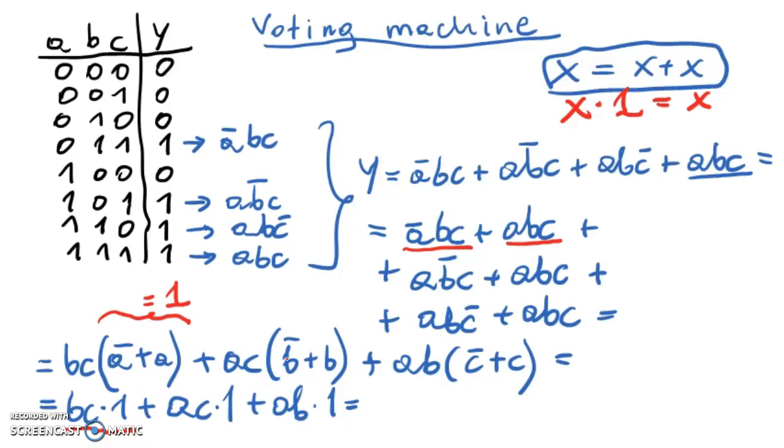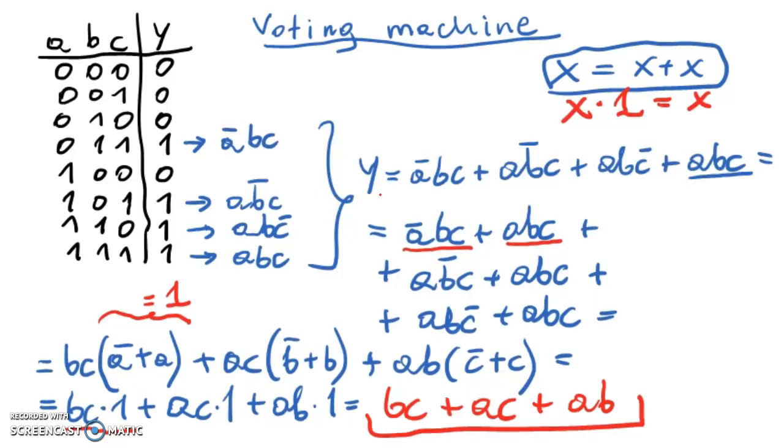It is the identity element as well, not the complement. So BC plus AC plus AB is the final, simplified, minimized version of the same function y. But it is simpler and less costly, less expensive in terms of the electronic elements which will be used to implement this voting machine.